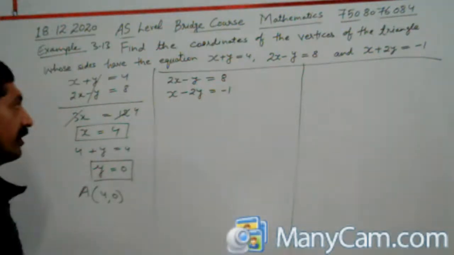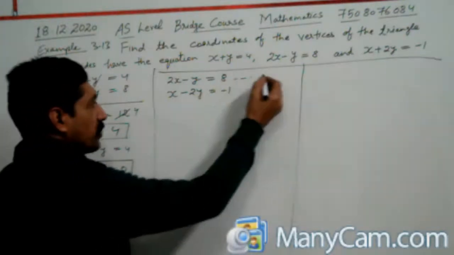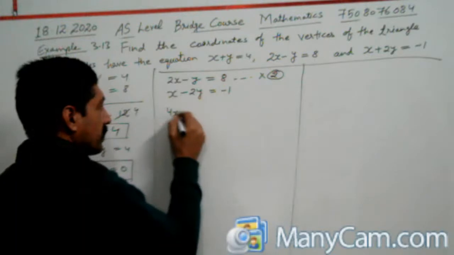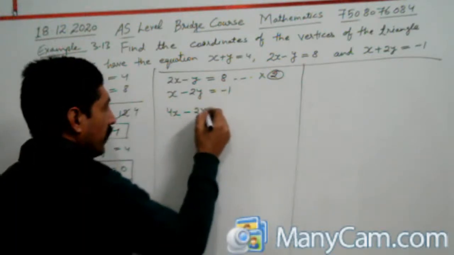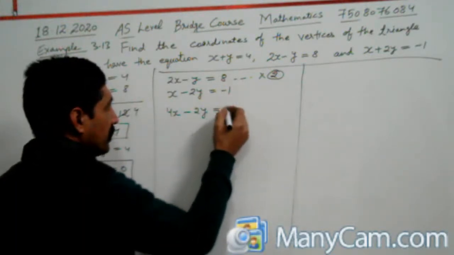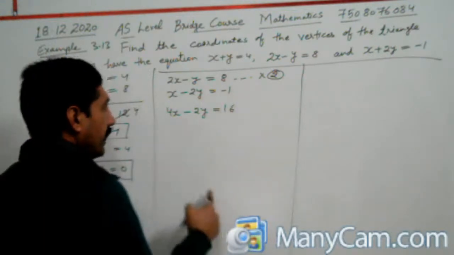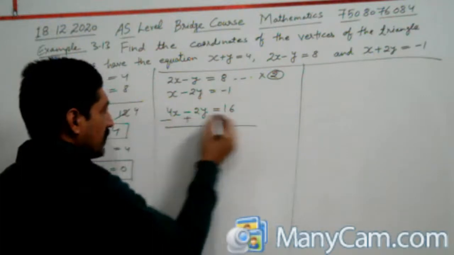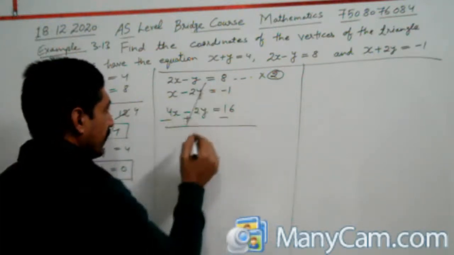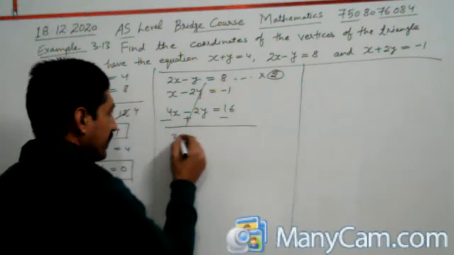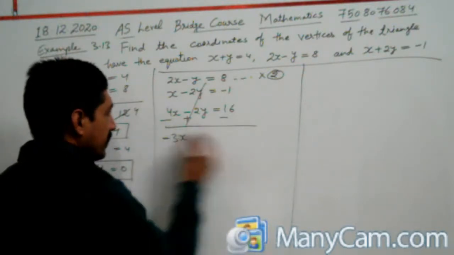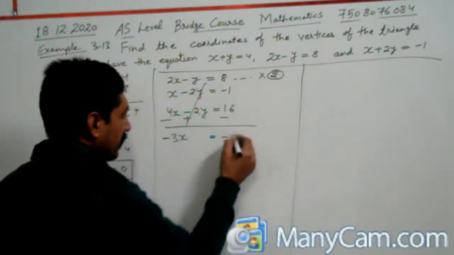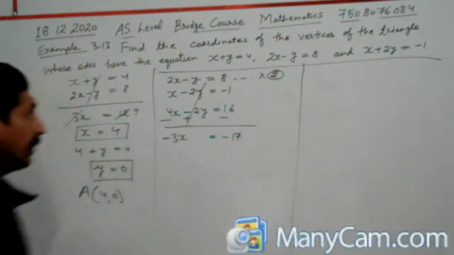Here we can multiply the first equation by 2, so we get 4x minus 2y is equal to 16, right? And we subtract this equation.